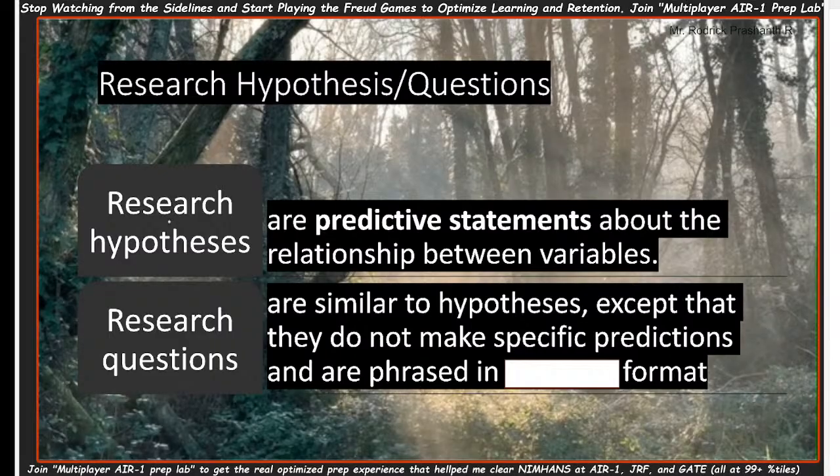That is a research hypothesis. But research question is made in an interrogative format. Is IQ correlated with whatever you're studying? GPA or creativity or maybe happiness in life or something like that, right? So it's phrased in a question format.